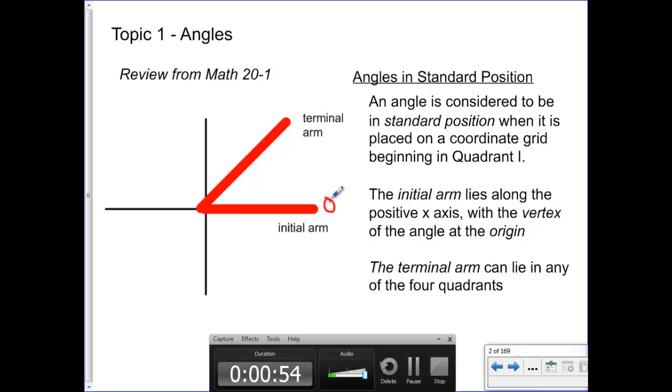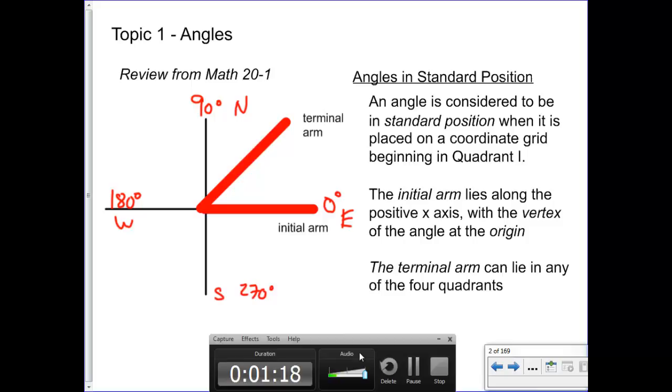In physics, we denote this as 0 degrees, or we sometimes say that is east. Up here would be 90 degrees, which would be north. This would be 180 degrees, which would be west. And south at 270.